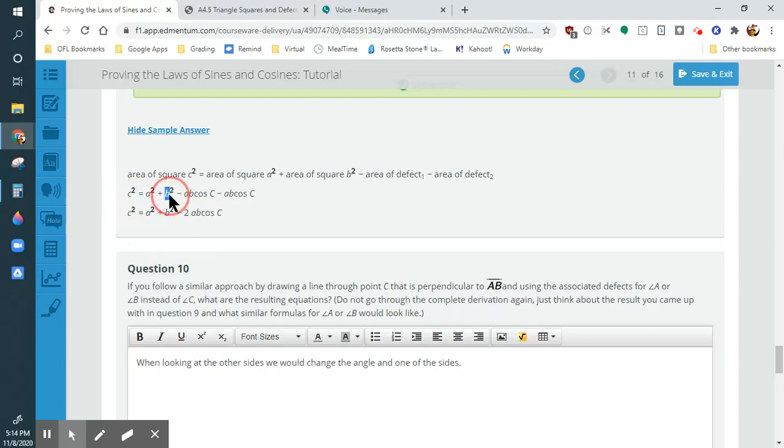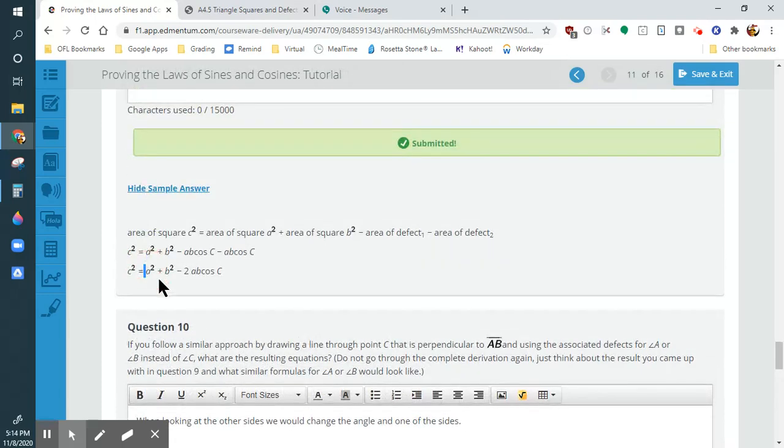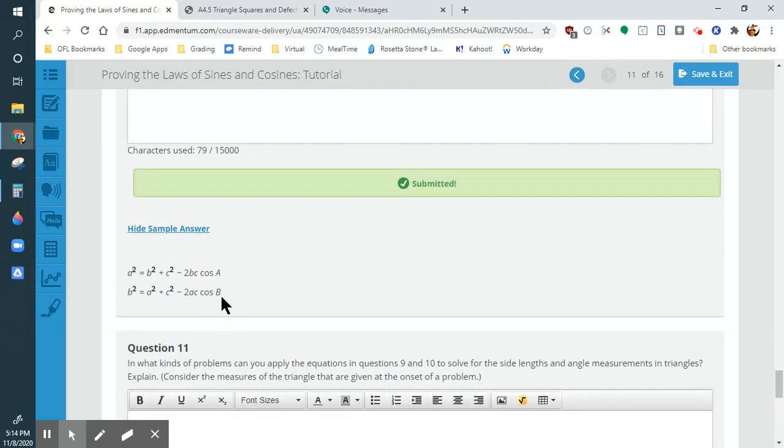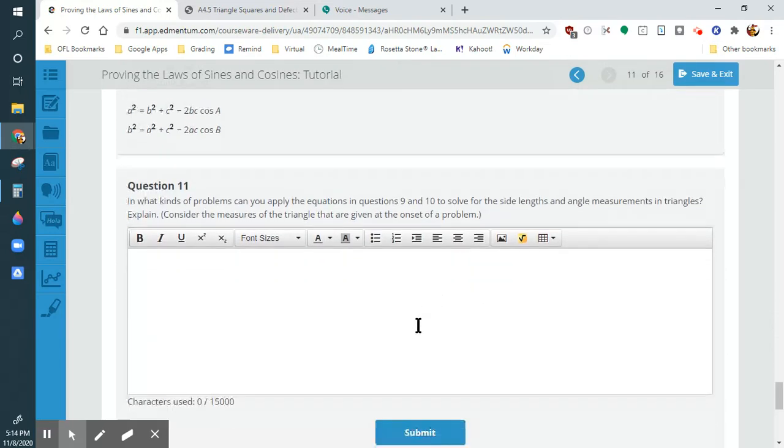We're going to have it over here, which means the A kind of switches places. If you want to solve for side B, you'll see that the B switches places. And the capital letter is always going to be C. So anywhere you switch these, it's the same formula for all sides. So do it that way if you wish, and remember to make a sentence in your own words.